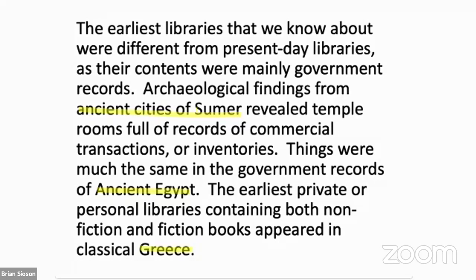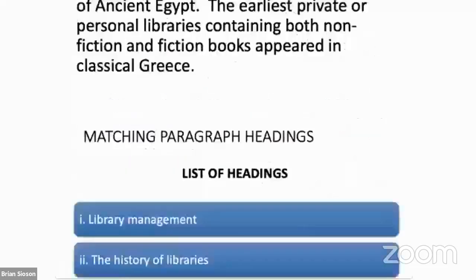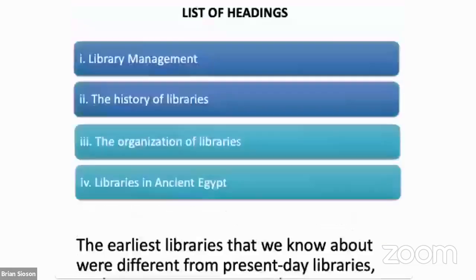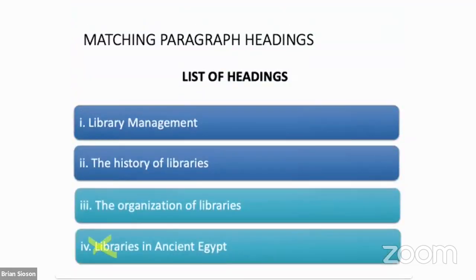So we are not just talking about one, we're actually looking at all archaeological findings here, historical findings from different places, not just in one region, which is ancient Egypt. So 4 is not the correct response. 1 is not a correct response. It's a toss between 2 and 3.